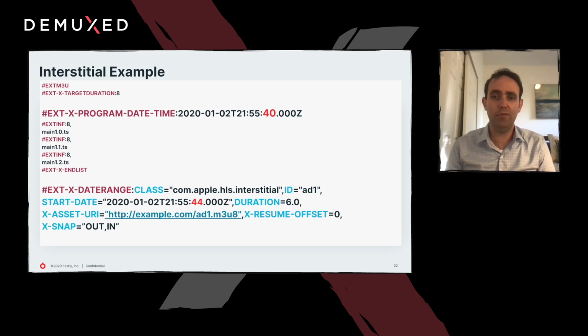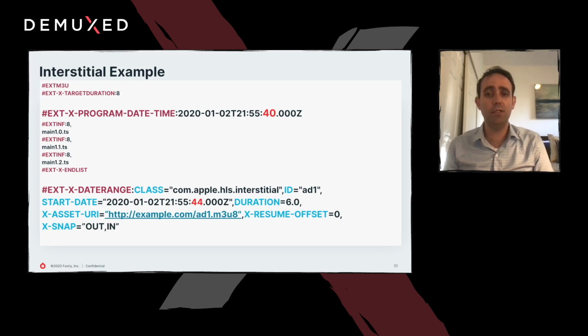We're able to give an ID to this particular interstitial, and then we specify the start date, which is also in a program date time format here, of when the interstitial should start. We're then able to specify the duration of this break, and then we provide the URI to a single asset with the asset URI attribute.